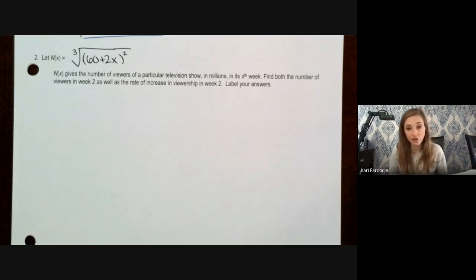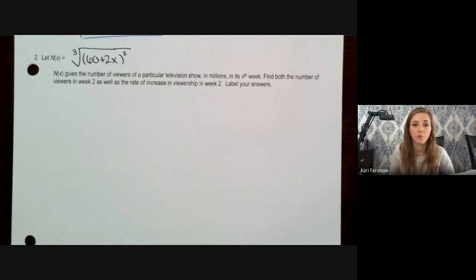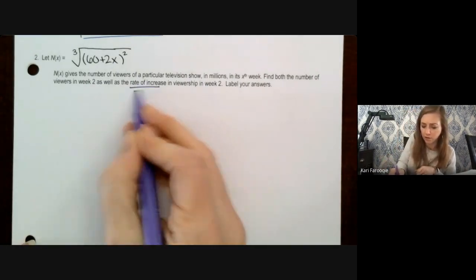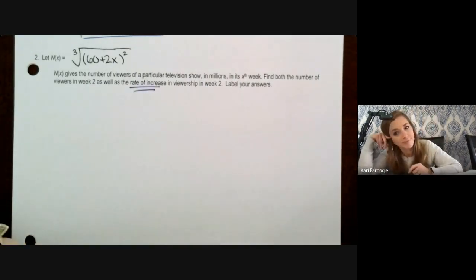All right, so here's your function, n of x. It gives the number of viewers of a particular television show in millions in its xth week. Find both the number of viewers in week 2 as well as the rate of increase in viewership in week 2. Rate of increase? It's talking about the derivative. A rate of change is a derivative. But it says to find two different things.